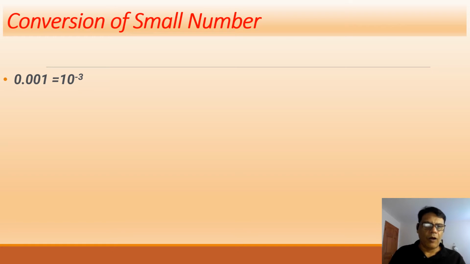Small numbers, how will you convert them? This is a small number. When your number is less than 10, what will you do? You will move your decimal from left to right: 1, 2, and 3, and 1.0 will equal 10 raised to power.